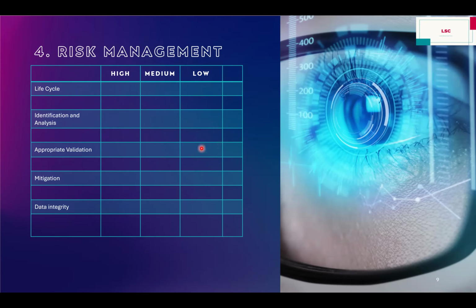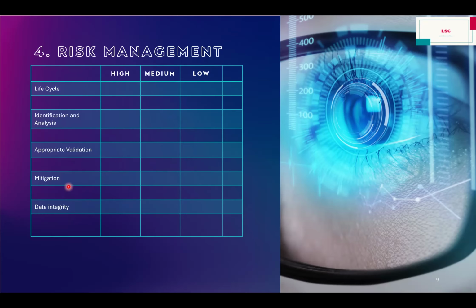Then appropriate validation. We have to check potential risks to our three pillars of product quality, patient safety, and data integrity, and how we can mitigate them, with the controls mentioned. Appropriate validation gives you the opportunity to mitigate all the risks in your GMP activity that is governed through the computerized system.